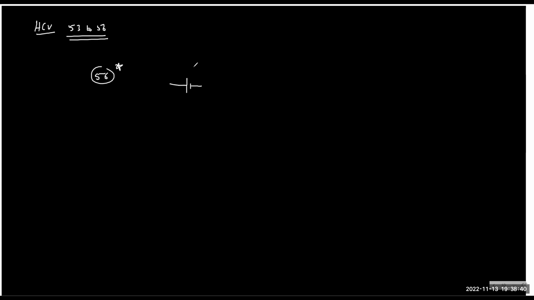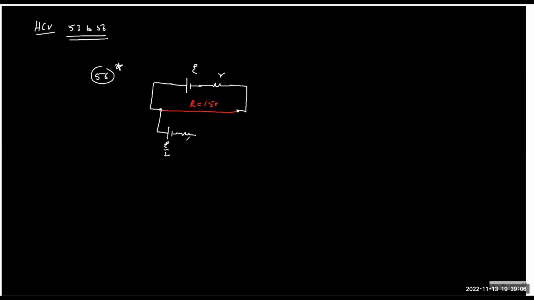So we have E, we have R, and we have a potentiometer bar, and this wire having resistance 15R. And we have a cell of value E by 2.